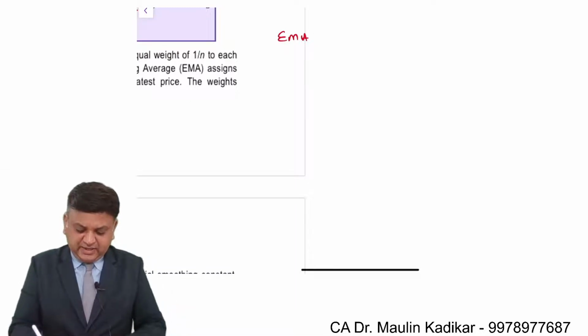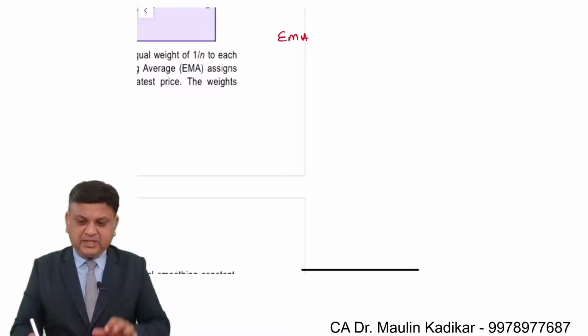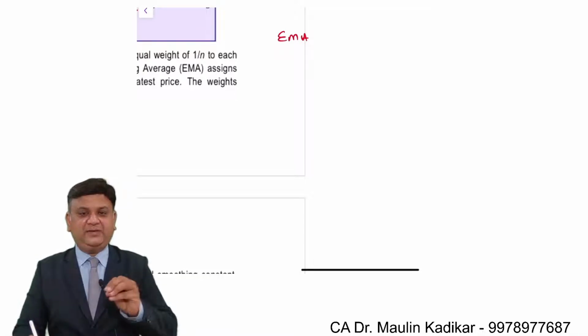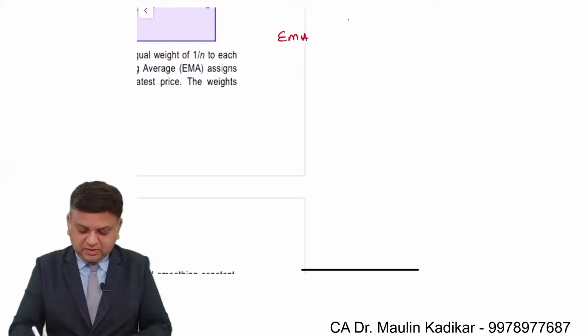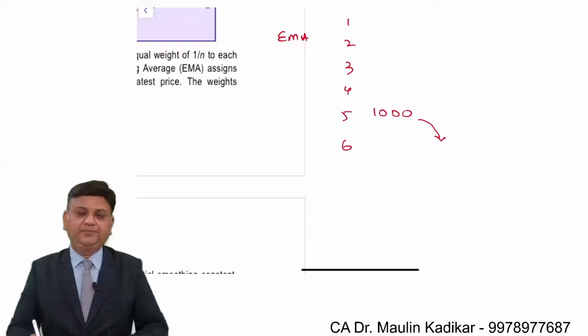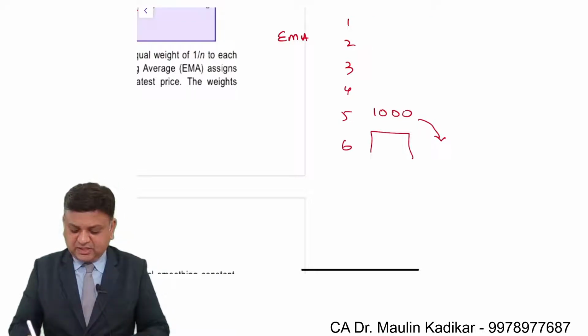Listen carefully, it says something like this. Suppose on day 5 you have calculated the simple average, let us say it is 1000. It means that on day 6 you are expecting the price to be 1000. However, it may happen that the price is different.